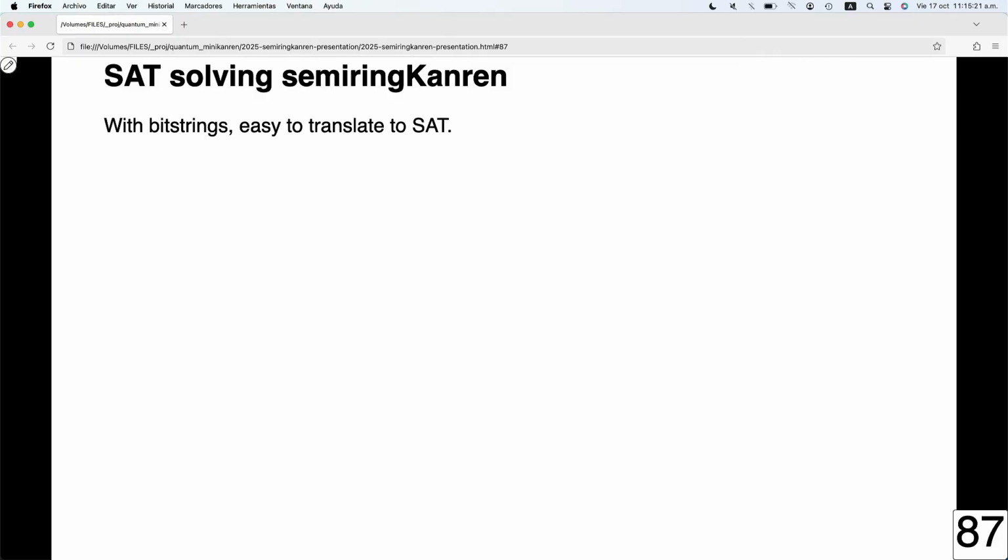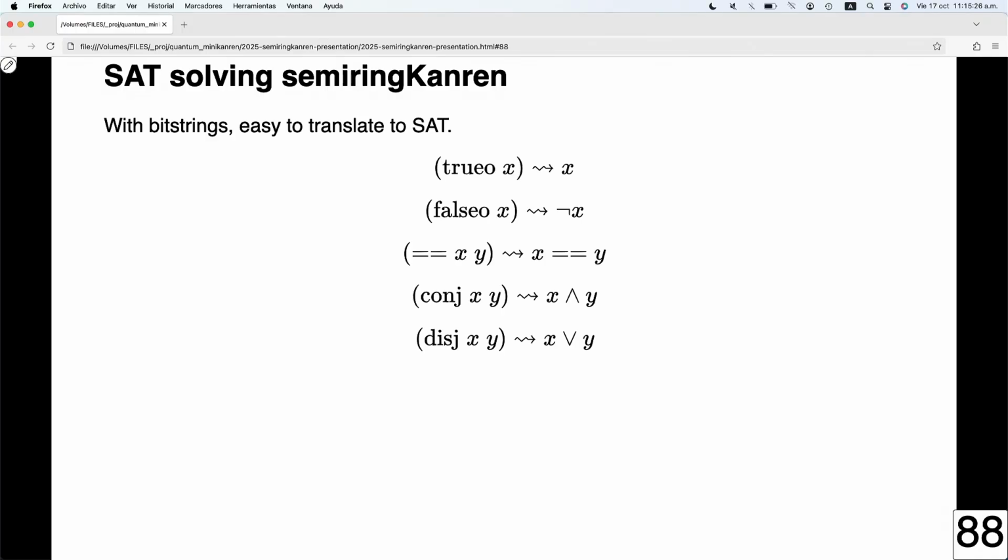All right, so once we've compiled the bit strings, it's easy to translate to a SAT problem. So true-O and false-O just either give the Boolean variable directly or not. Unification is equality, and conjunction and disjunction, as we know, are and or.